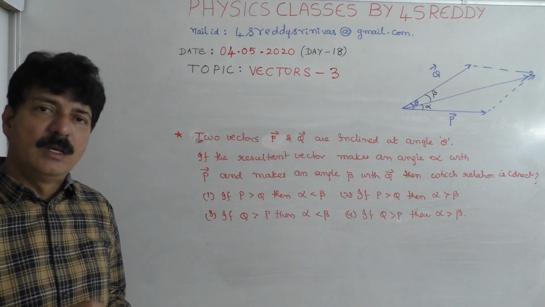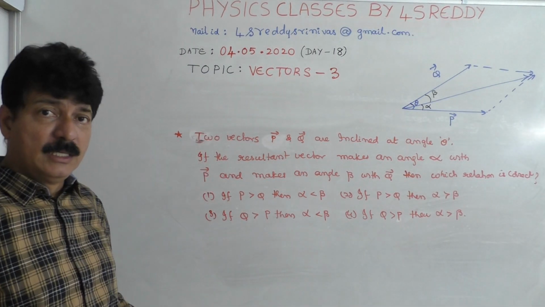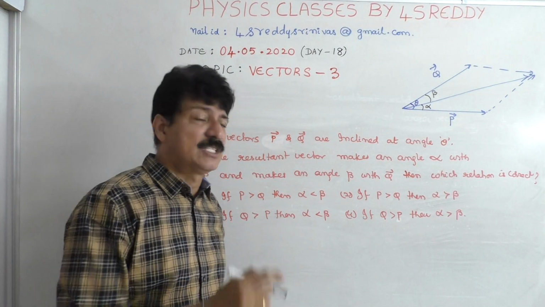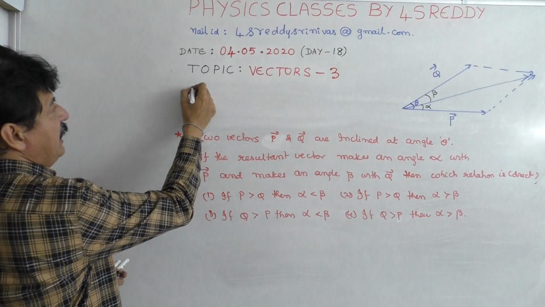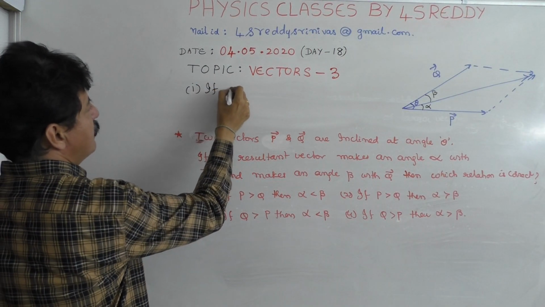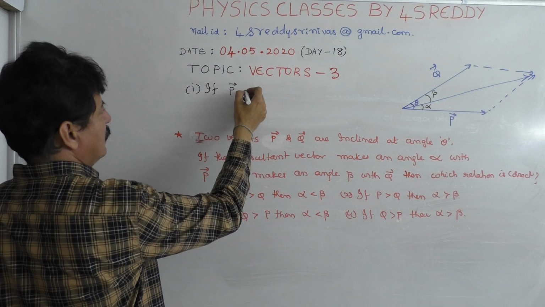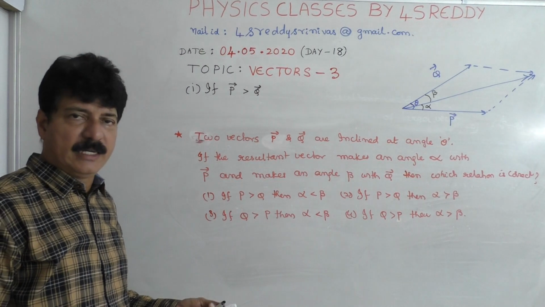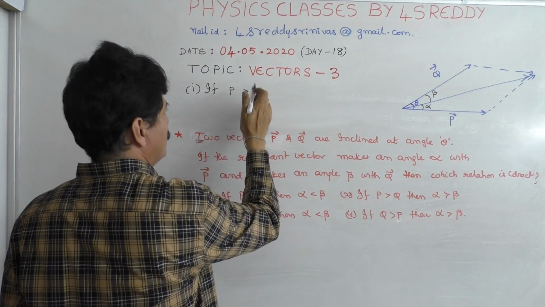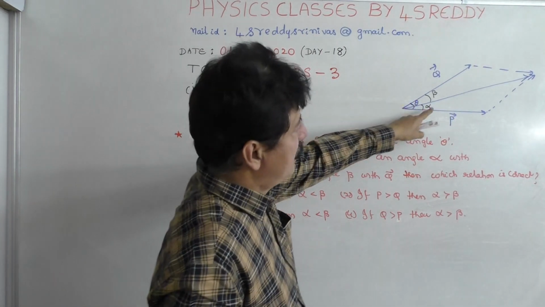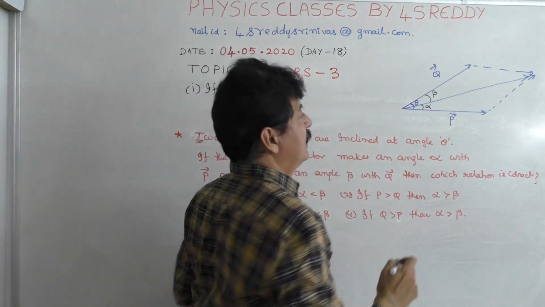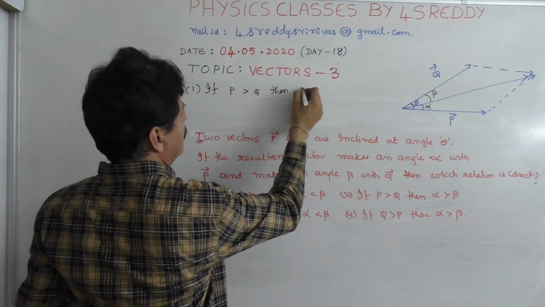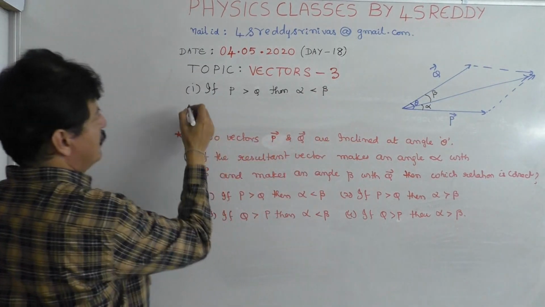According to the previous note, the resultant vector is always in the direction of larger vector. Suppose P is greater than Q, magnitudes we are taking. If P is greater than Q, the resultant must be directed towards this, then alpha is lesser than beta.